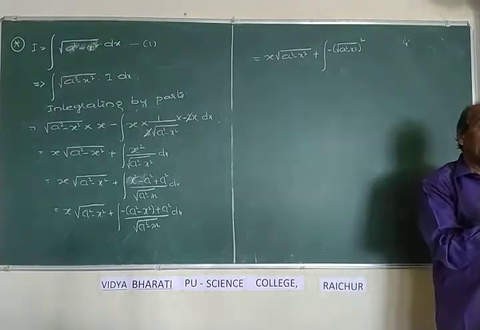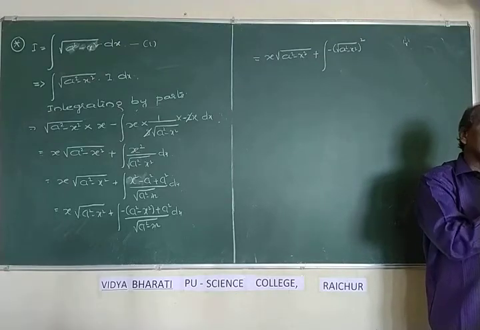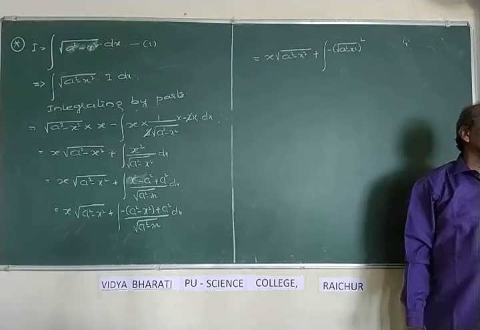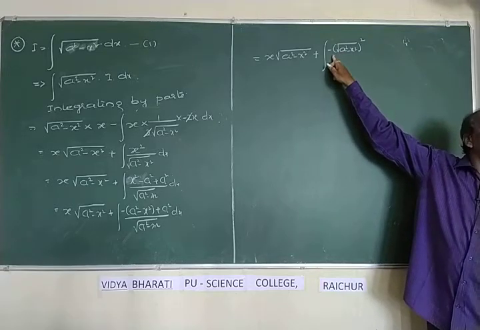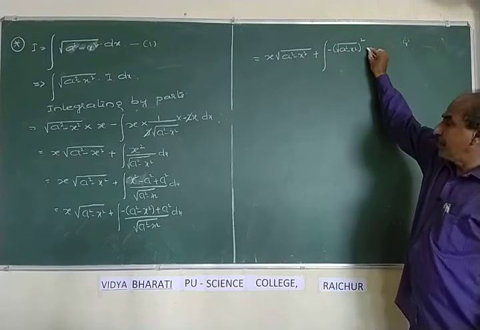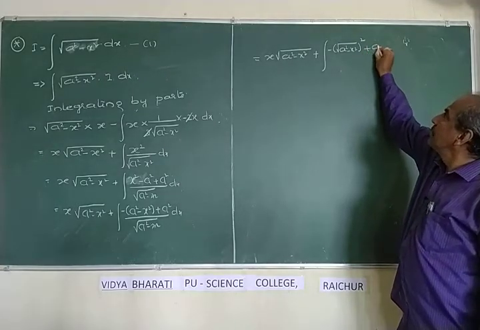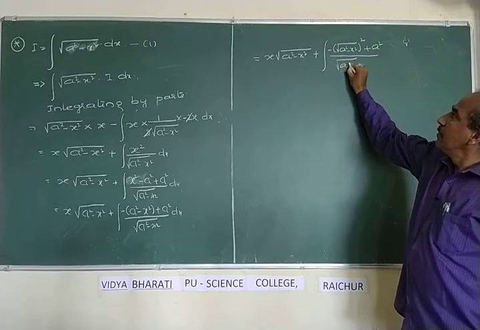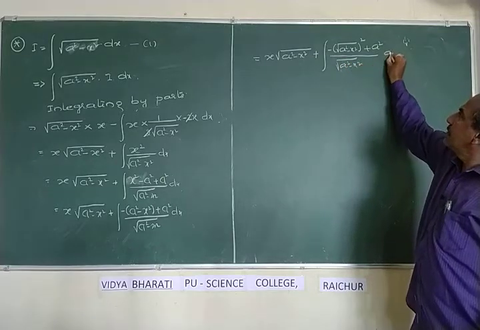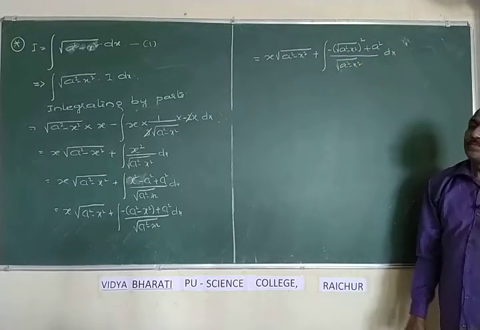Remember, I have not taken negative sign under the square. I have taken that negative sign outside, divided by, plus this you write it as it is, whole divided by root of a square minus x square into dx.